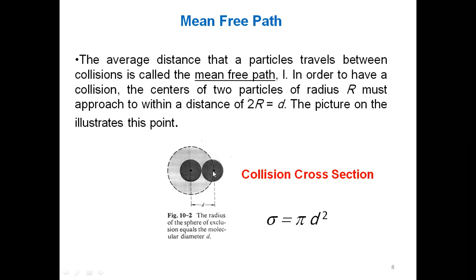Then the distance between the centers is d. The picture illustrates this point. This is two molecules, and between the two centers is d. The collision cross section sigma equals pi d squared. This is the collision cross section: sigma equals pi d squared, or area equals pi d squared.